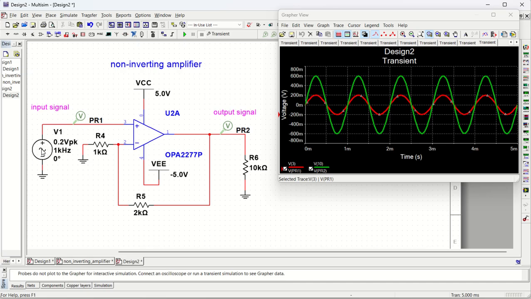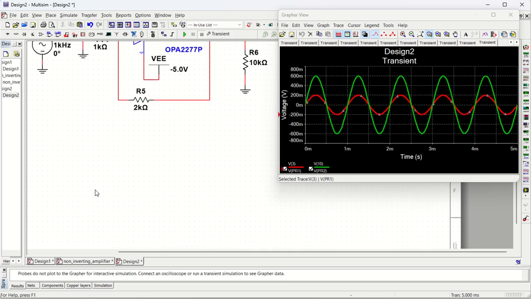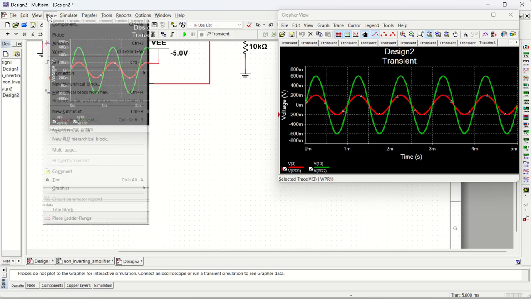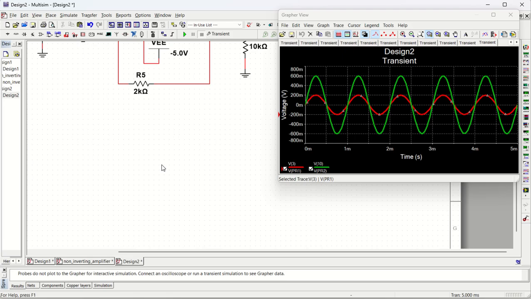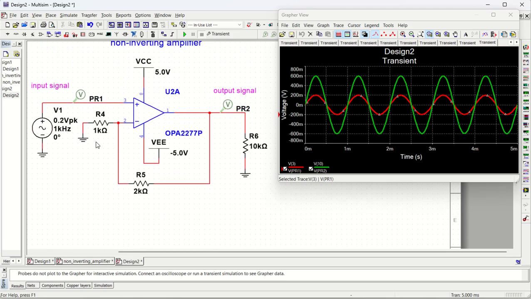Now let us change this input voltage to some pulse signal. Okay, why don't we do one thing? Instead of doing that, we will design the circuit quickly. So how to design the circuit quickly? Let me show you how to design this particular circuit. So what do we need for this? We need one resistor here, one more feedback resistor, one load resistor.